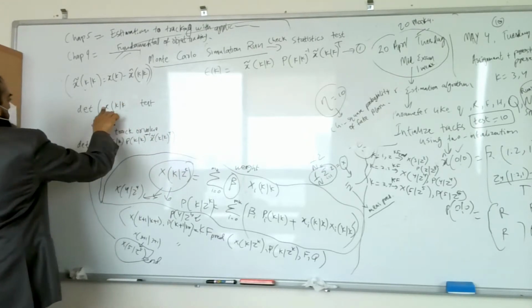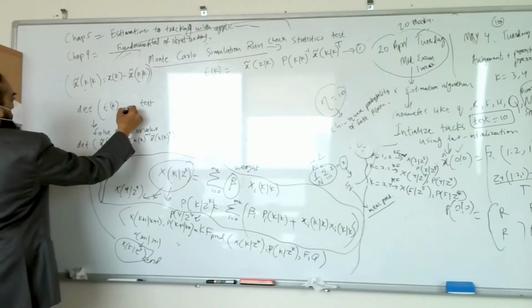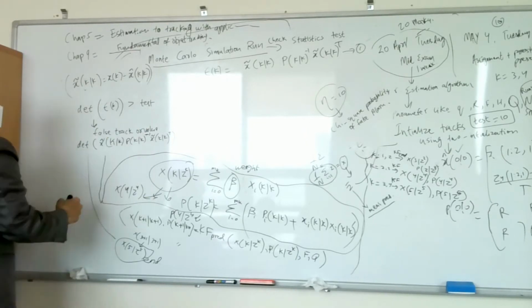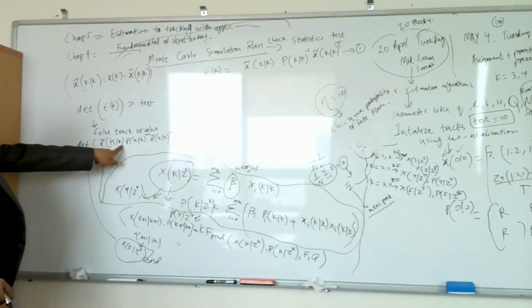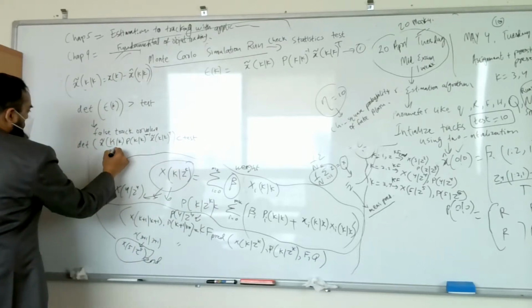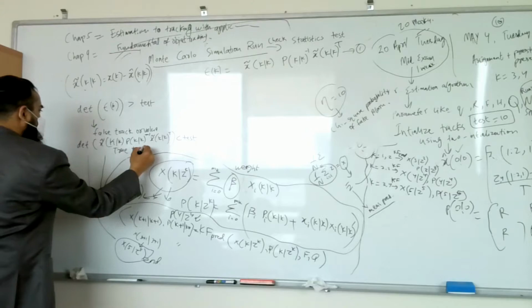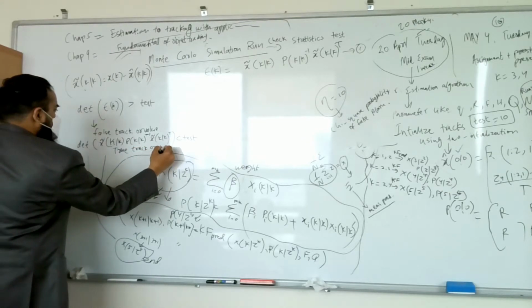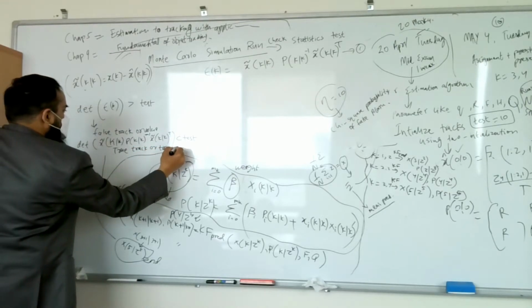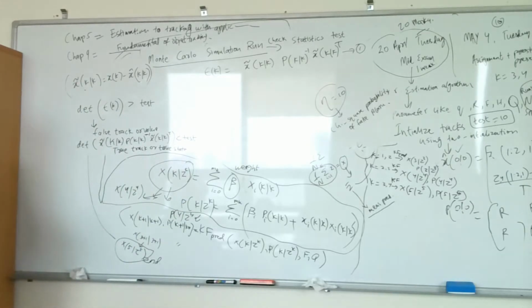If the determinant of this value is less than the test value, then this is a true track, or true trajectory.